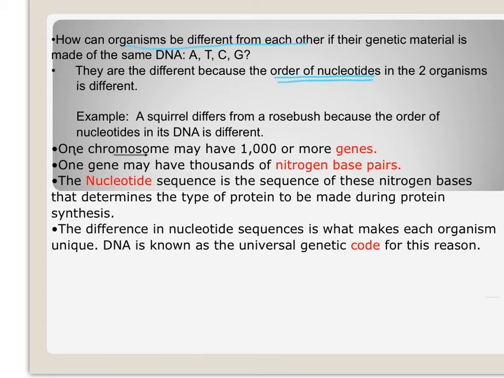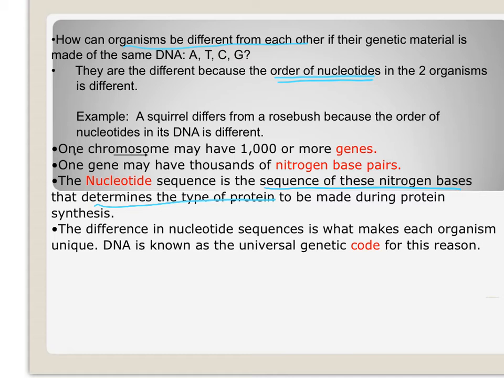So the nucleotide sequence is that sequence of nitrogen bases, and that determines what kind of protein is made. And the type of protein that's made then determines which gene is expressed. So this is why every organism is unique, because their DNA is unique.